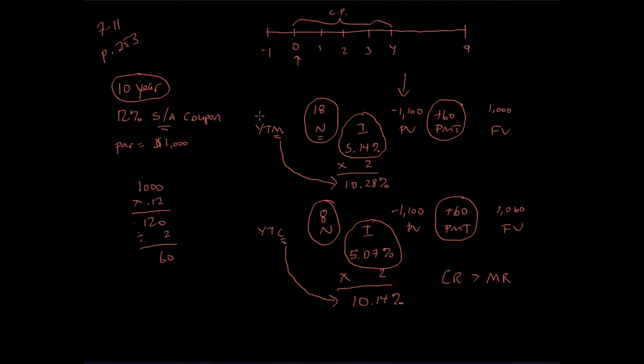Well, what does call protection do? Call protection protects the issuer from a drop in interest rates. So I can look at my coupon rate, see that it's greater than market rates, and I can tell that market rates have indeed dropped. Therefore, as an investor, which one of these two returns should I expect? I should expect the yield to call.